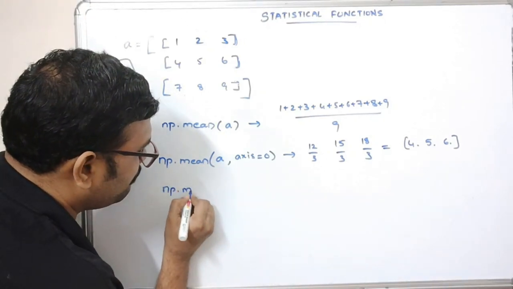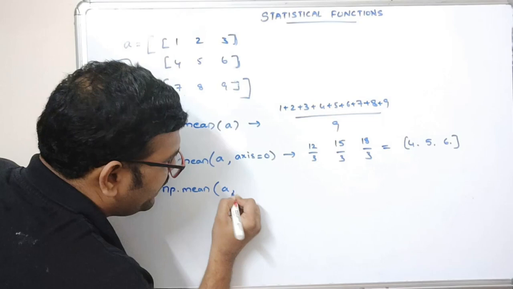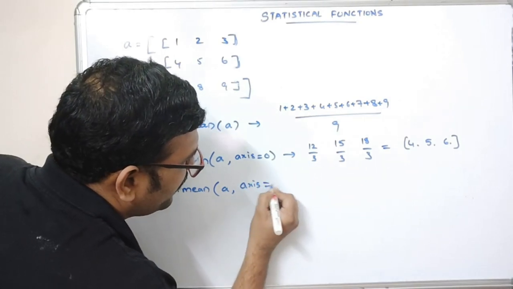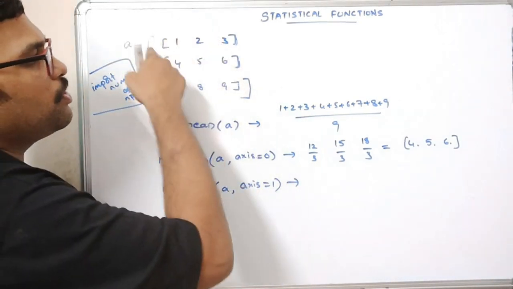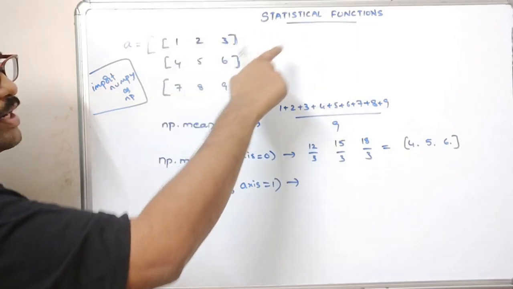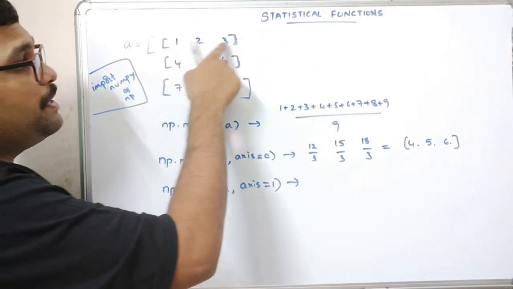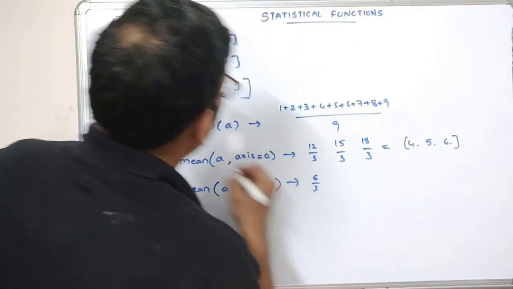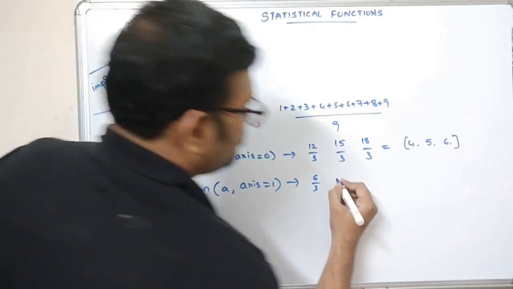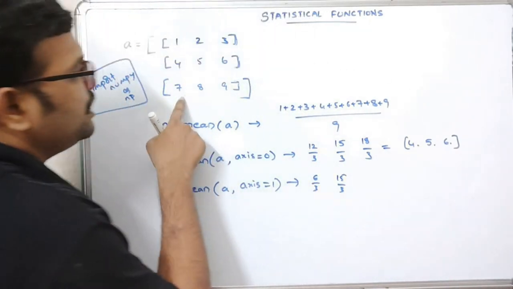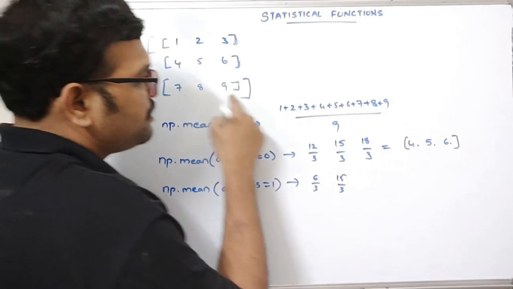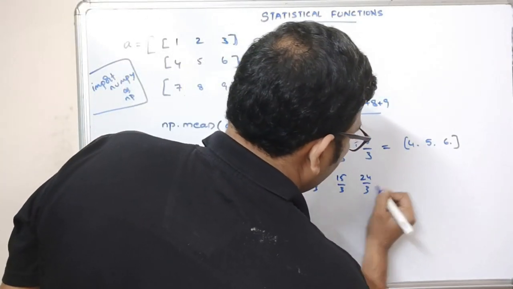Similarly, np dot mean of A, and I want to find that along axis 1, so go with row wise. So 1 plus 2, 3, 3 plus 3, 6, 6 by 3, 4 plus 5, 9, 9 plus 6, 15 by 3. Similarly 7 plus 8, 15, 15 plus 9, 24 by 3.